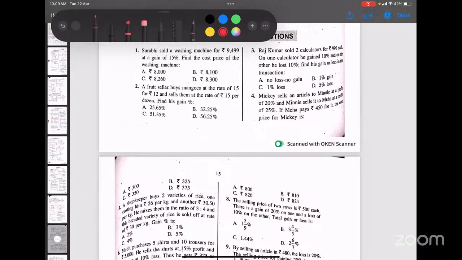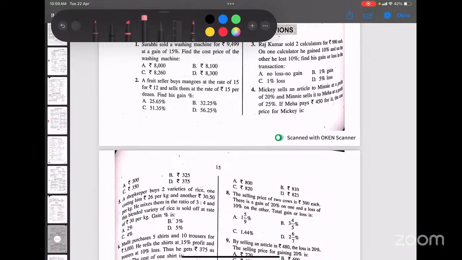If Meha pays 450 for it, the cost price for Mickey is? Meha pays 450, so 450 will be the selling price for Mini.